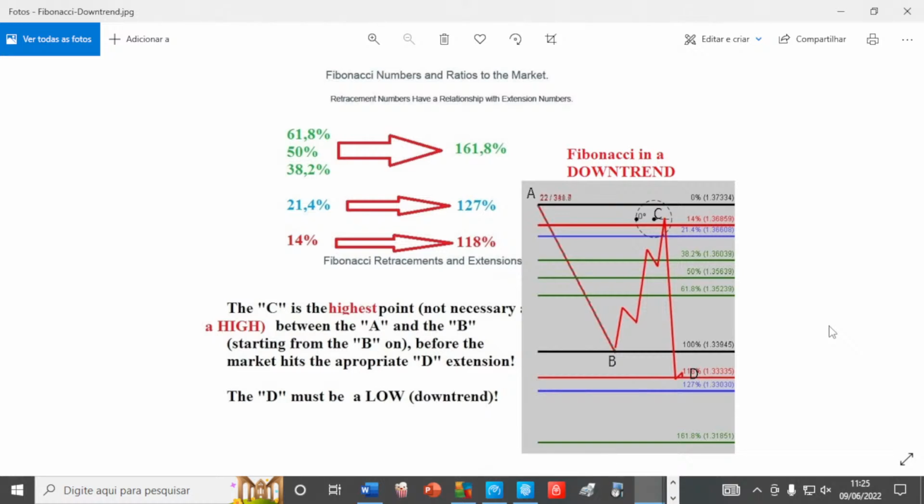This is the Fibonacci in a downtrend, downswing, down market wave. Same numbers, just in reverse. So in a downtrend, if in an uptrend the C is the lowest point, in a downtrend the C is going to be the highest point, not necessarily a high, and the rest is the same between the AB boundary starting from the B on before the market hits the appropriate extension, and the D must be a low.